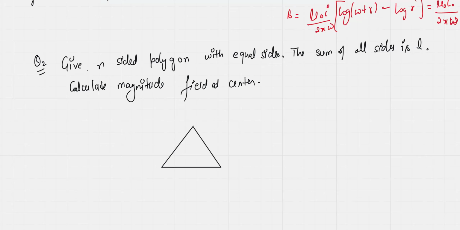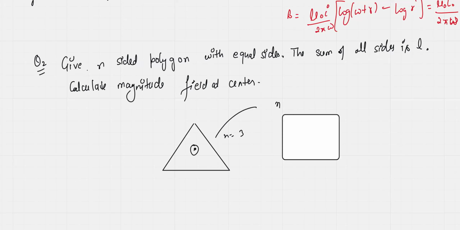Assume the shape and size is the same, with equal sides. This is a three-sided polygon. So I have to generate a formula in which, if I put the value of n, I should get the field directly. This is the case of n equals 3. N can be 4 also, right? If it is 4, it will become a square.